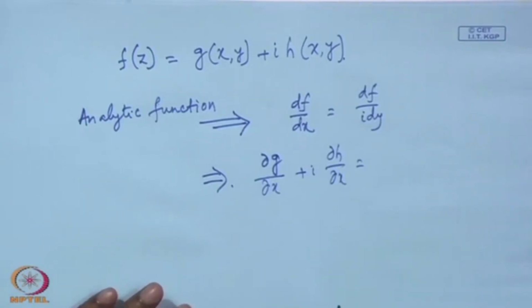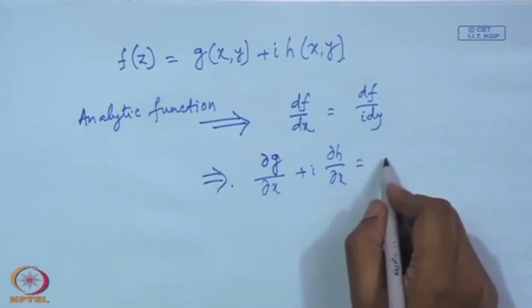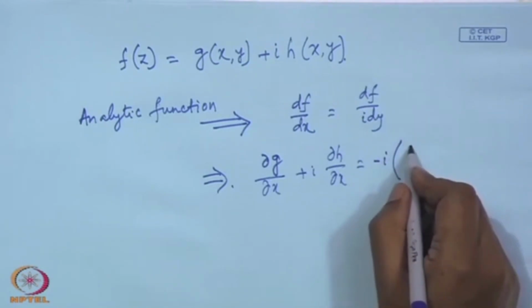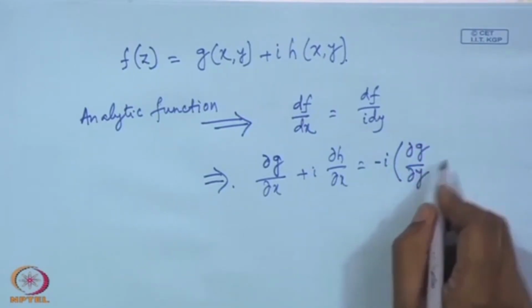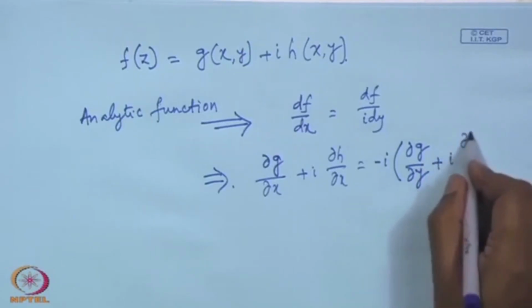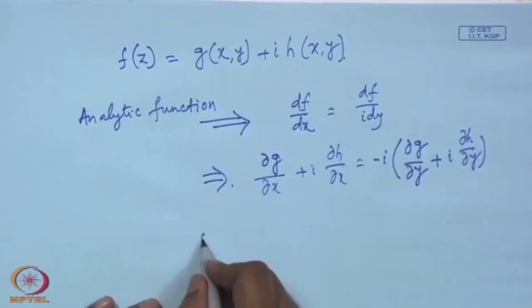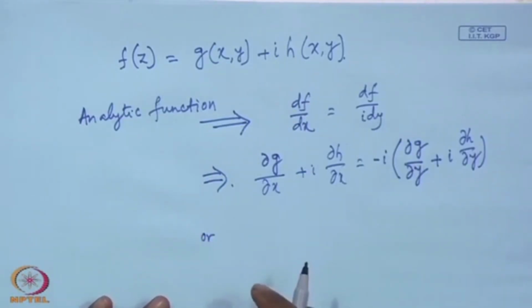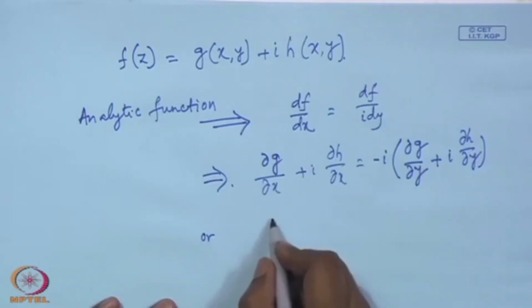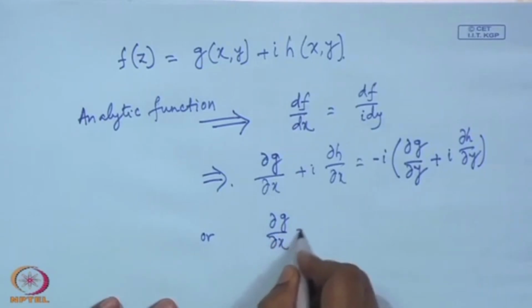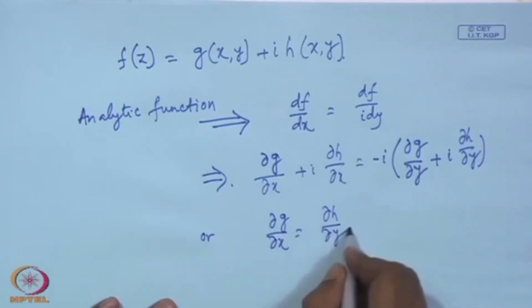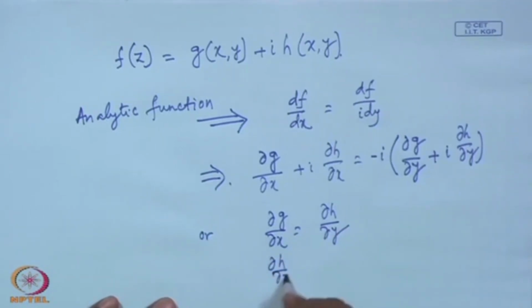Yes, 1 by i is minus i. Yes, then so we have that is all right.